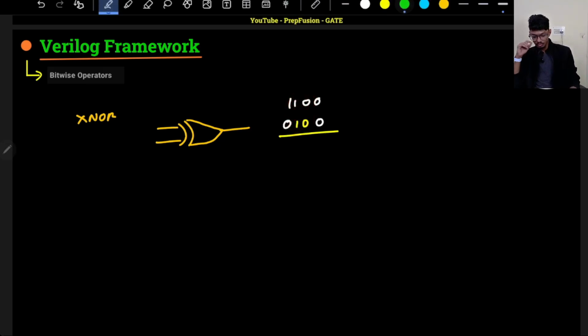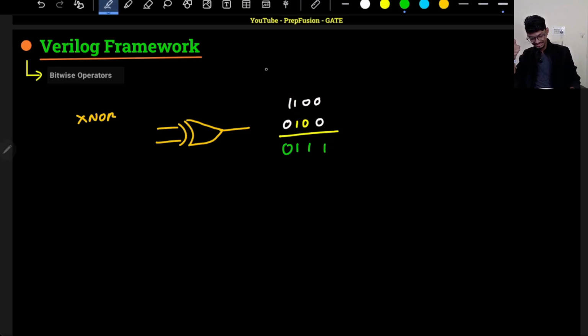So now what I'm getting: 0 XNOR 0 is simply 1, 1 XNOR 1 is again 1, and 0 XNOR 1 is 0. So you can directly see that as these two bits are equal, that's why I'm getting the output 1. As these two bits are not equal, I'm getting 0. So whenever I get 1, there will be a match.